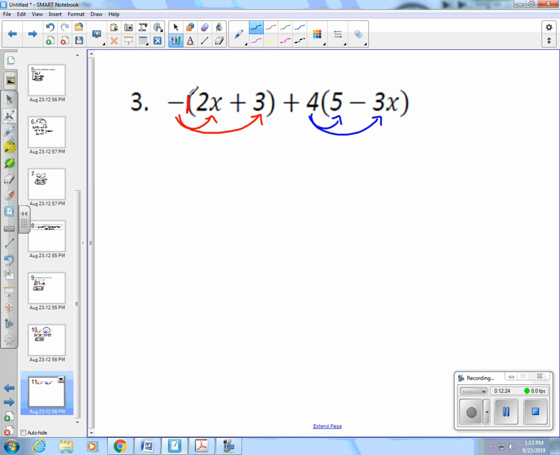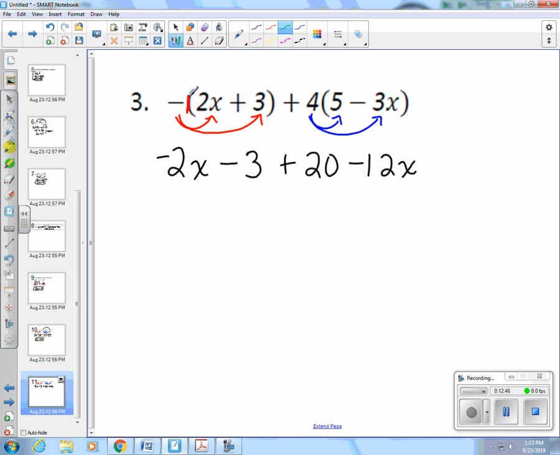So again, we've got 2 distributions here. So negative 1 times 2x is negative 2x. Negative 1 times 3 is minus 3. On the other distribution, 4 times 5 is 20, and 4 times a negative 3x is a negative 12x.